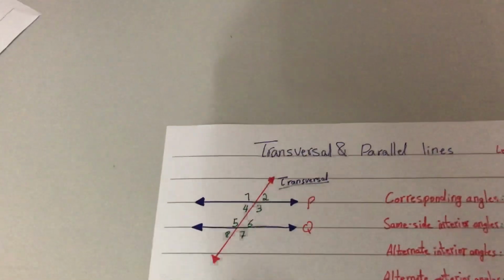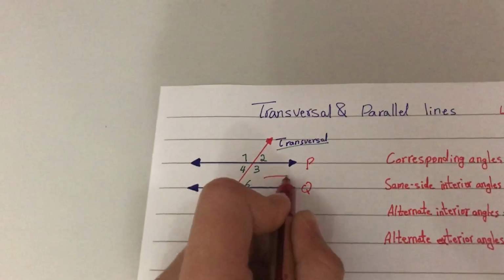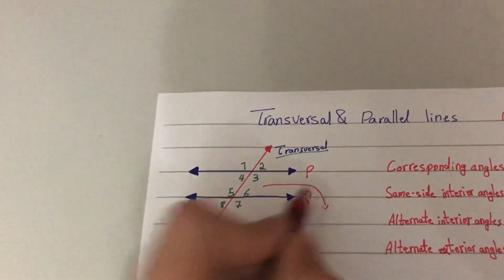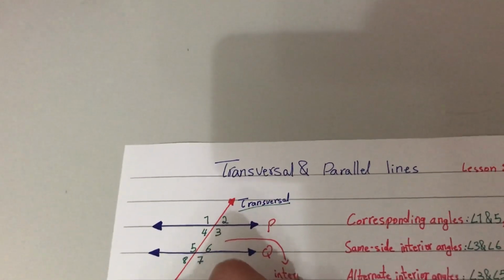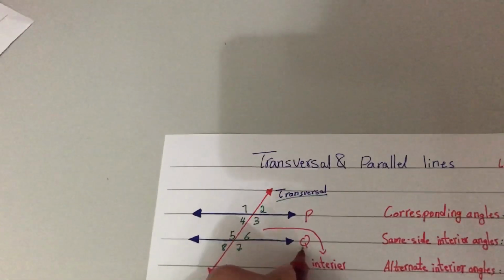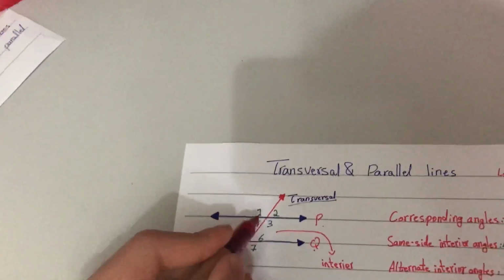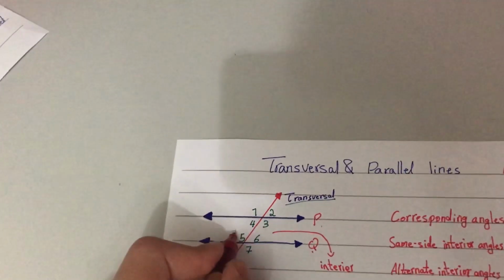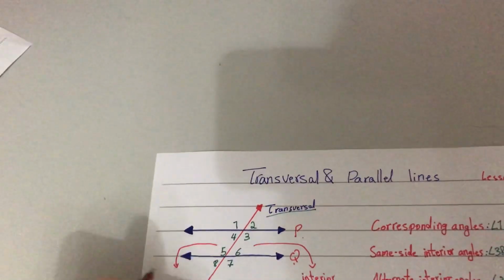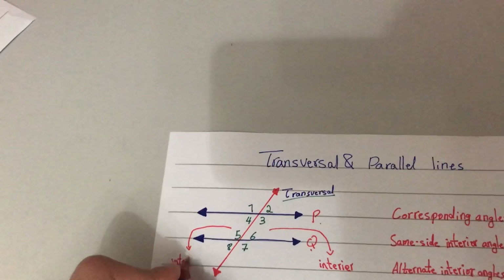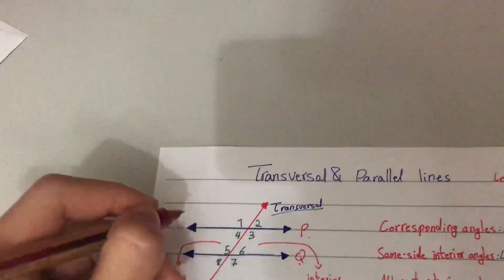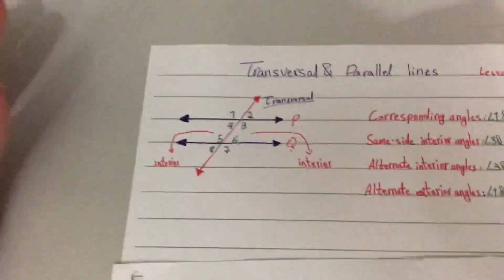So now let's see where are interior and where are exterior. As you can see here, this is called interior because it's inside the lines Q and P. And here we can say it is interior too. And exterior means outside.